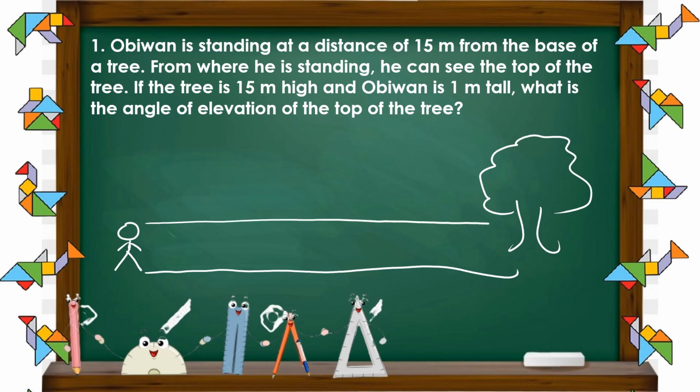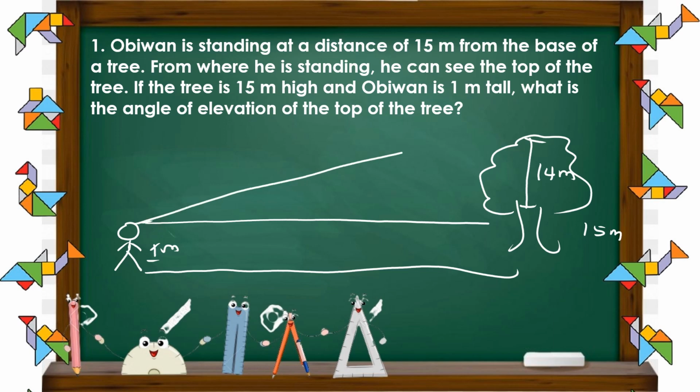Obi-Wan is 1 meter tall. And if the tree is 15 meters high, this is already 14 meters, because we subtract 1 for Obi-Wan's height. And then, what is the angle of elevation of the top of the tree?